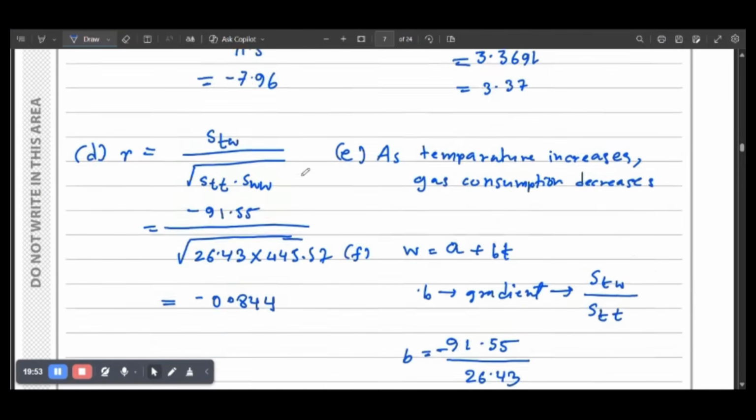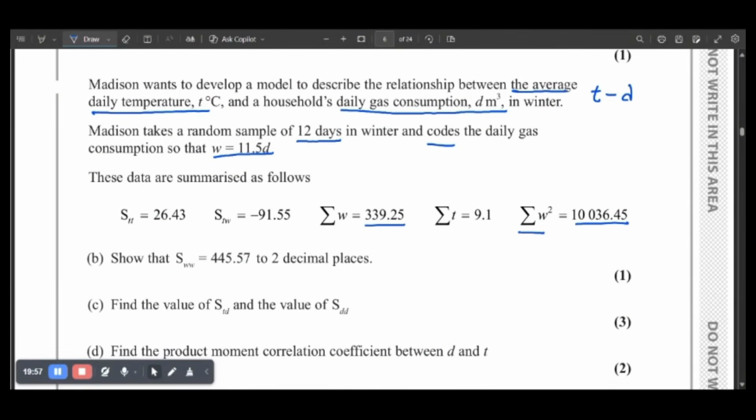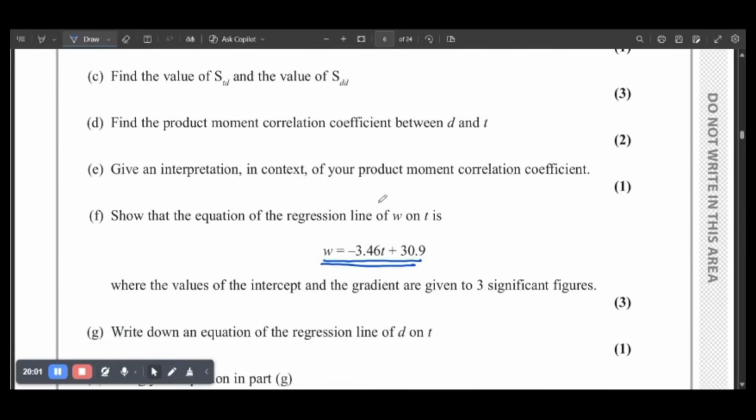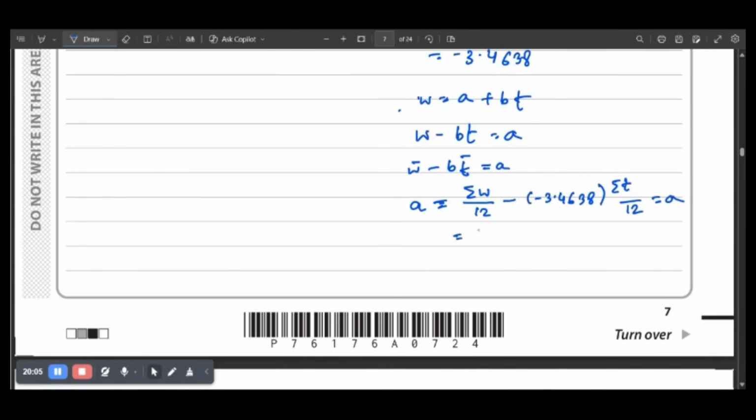And the average will be given by 339.25 and 9.1. So it is 339.25 divided by 12 plus 3.4638 into 9.1 divided by 12.